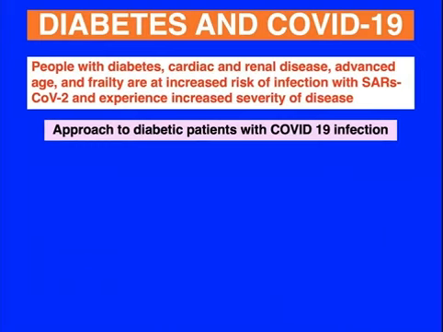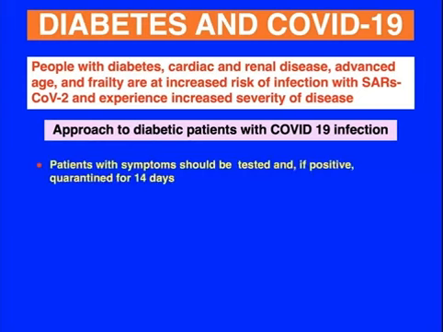And if they get the infection, they are subjected to a more severe infection. So you're going to have a lot of diabetic patients in your practice who are now going to come down with this viral infection. This, of course, is the reason why I'm not there in Egypt giving this talk, because all flights have been canceled.